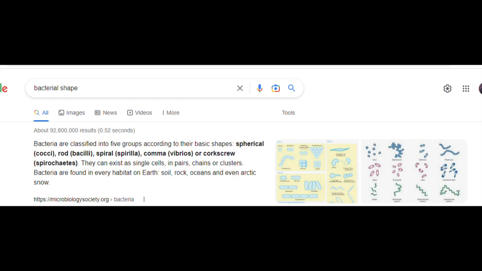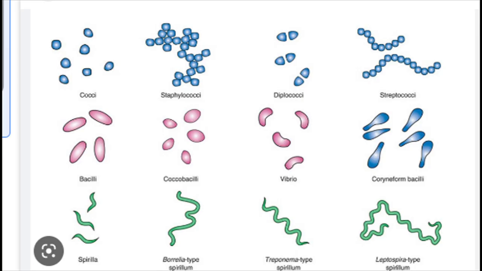They are found only on certain species of gram-negative bacteria, usually in large number. So you can check online if there are any gram-positive bacteria that have pili, because it has been stated here that they are found only in gram-negative bacteria, and they are usually in large number.